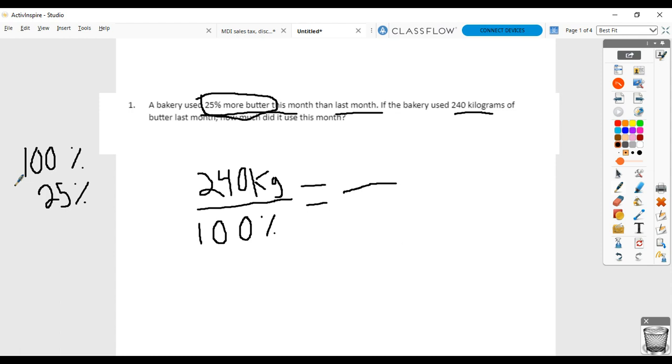So 100 plus 25 is 125%. Now, where would that go on my proportion? Am I going to put 125% on the top or the bottom? Remember, our labels have to match. So if I have percent on the bottom, percent has to stay on the bottom. All right, go ahead. Solve this proportion by using the fish method.